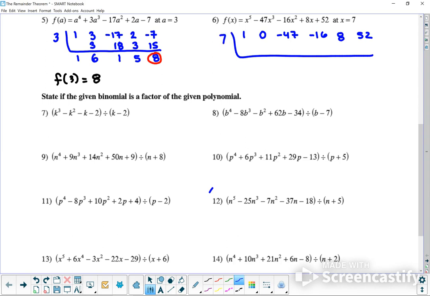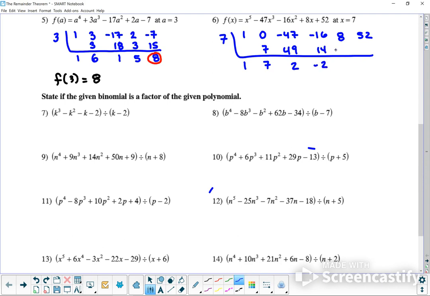And use 7. So bring the 1 down, multiply it, you get 7. Add it, and you get 7. Multiply it, you get 49. Add it, you're going to get 2. Multiply it, you're going to get 14. Add it, you're going to get negative 2.